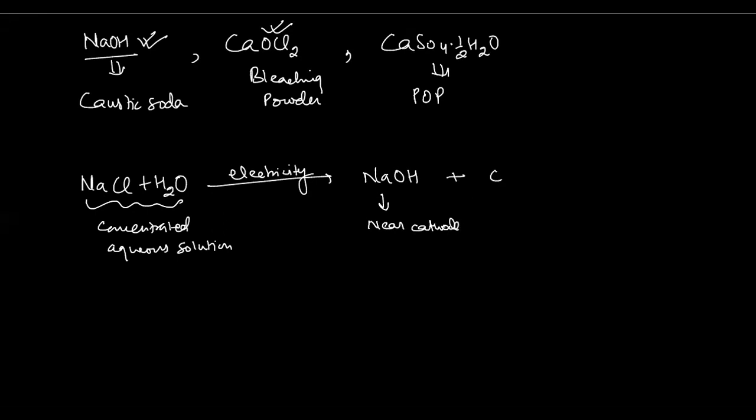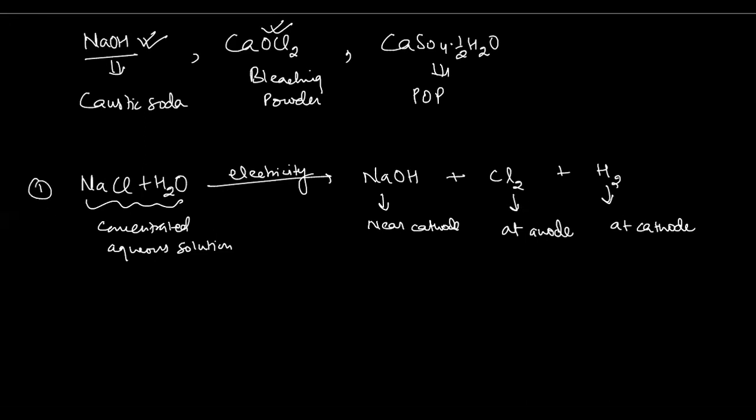Here we will get Cl2 at the anode, and here we will get hydrogen gas at the cathode. We have studied this one, beta, in the previous class.